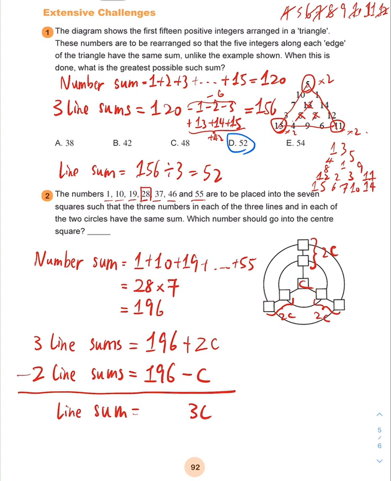So 7C is equal to 196, which means that C is equal to 28. So 28 should go into the center square. All right, that's going to be the answer for this question.